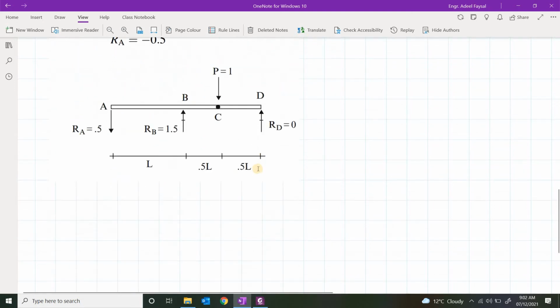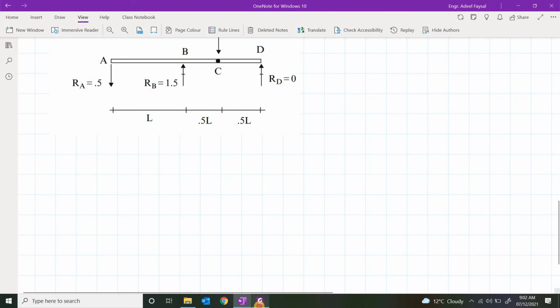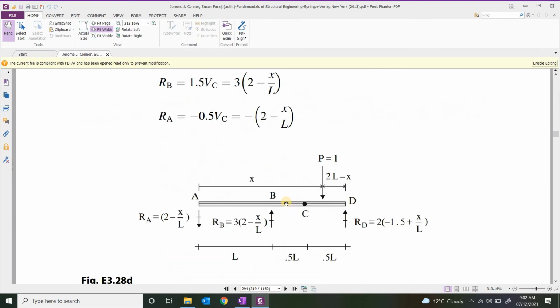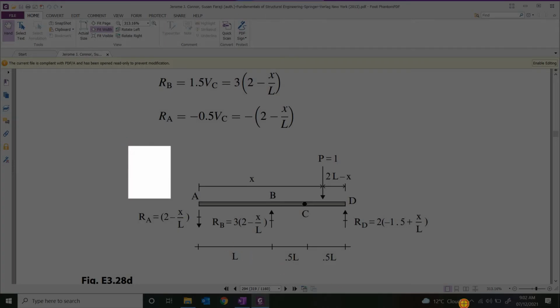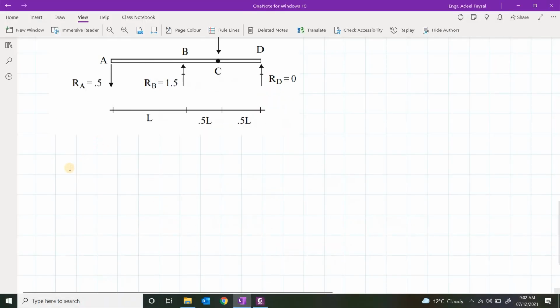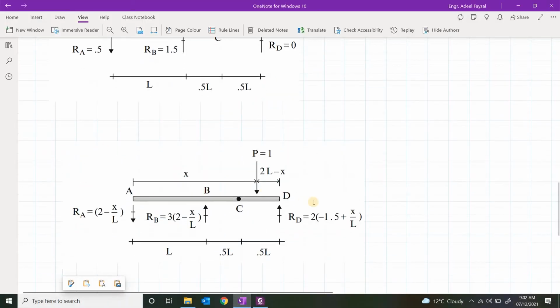Now the next case is when the load is in the CD region, in this region. In that case, you can still find the reactions, but you will see that none of the reactions in that case would be 0. If the load is on the CD span, somewhere over here, you can apply the same strategy.